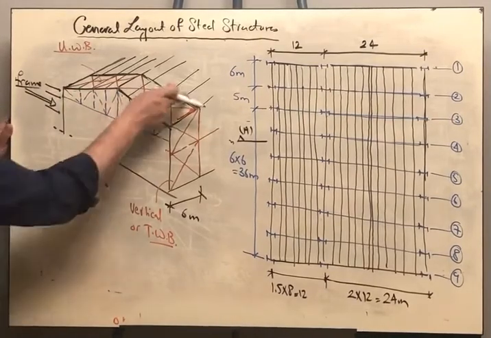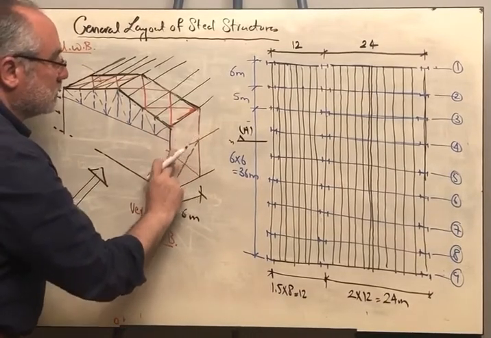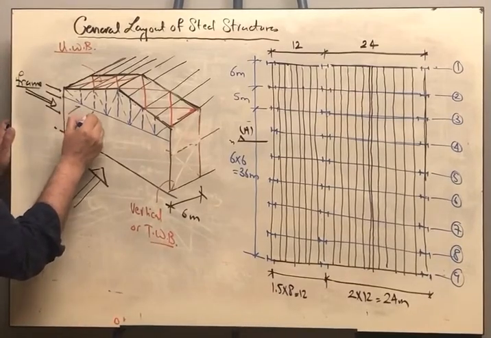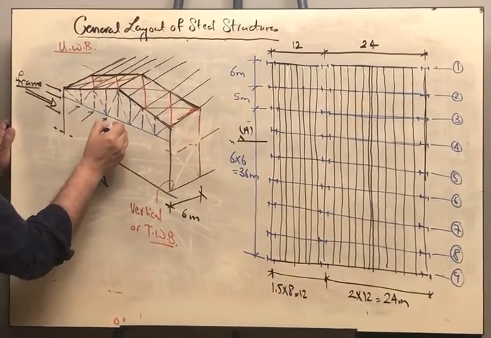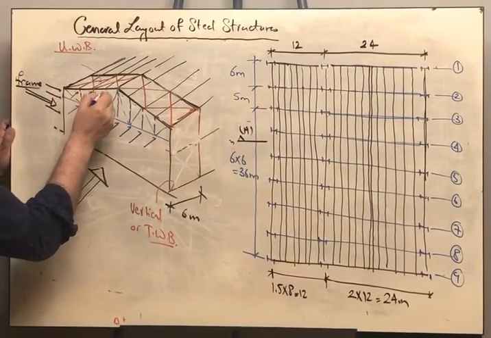Of course, there's another truss behind the other one. In this case, what will happen? In this case, the wind will be applied here as well, at these points, in addition to the points at the top.